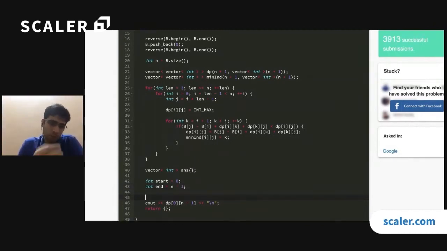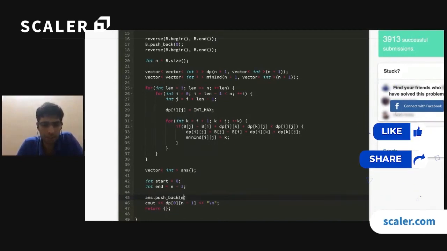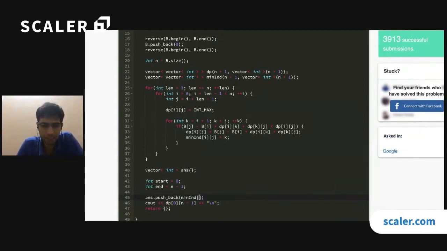I should keep cutting, and there are two subproblems to find, dp[i][k] and dp[k][j]. The very first cut will be answer.push_back of min index of start, end.